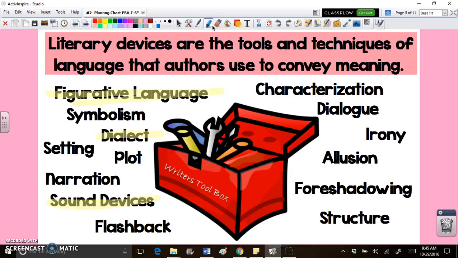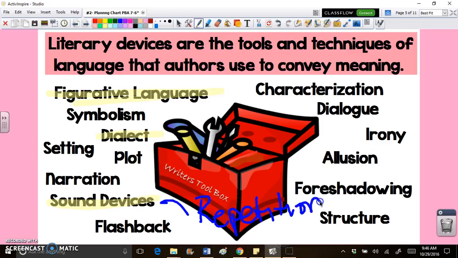I also know that there is, let's see, structure. Well, we talked about structure with We Real Cool. Could I talk about structure when I talk about some of these poems? Sure, I could probably talk about structure in I Hear America Singing. But even more importantly, if I go back to sound devices, we could really talk about repetition.